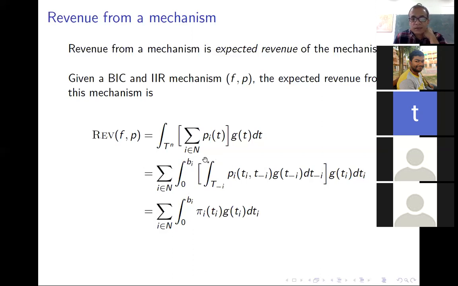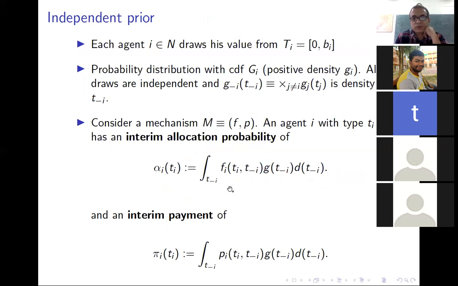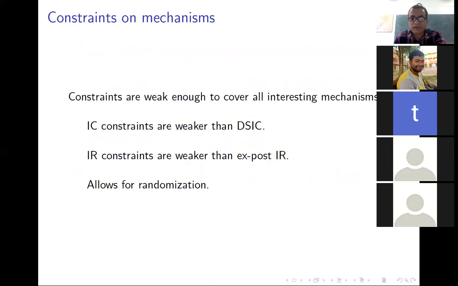If you do that, the t minus i integral is just pi_i(t_i), because this is exactly my interim payment. The interim payment is my expected payment if i has type t_i. That's exactly the term.